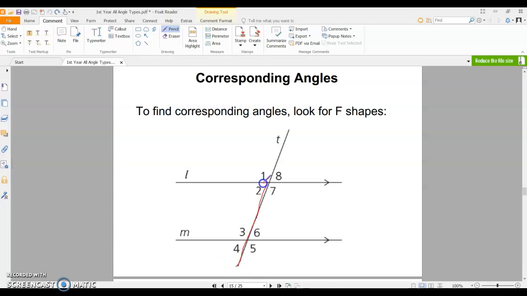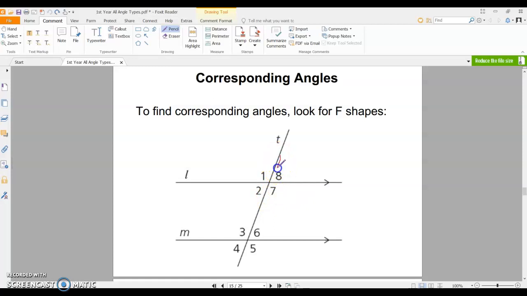So if I draw that F there, okay, well, the angle 4 and the angle 2 are corresponding. So 2 and 4 there are equal because they are corresponding angles. Your F can also be upside down.